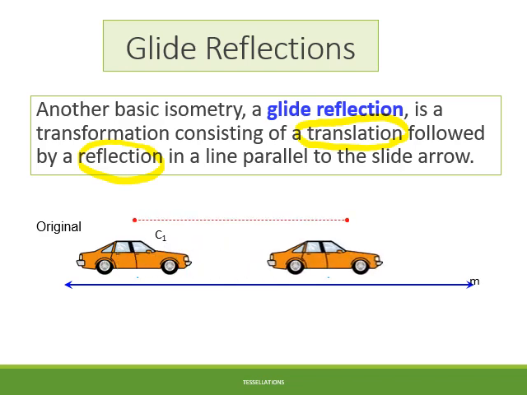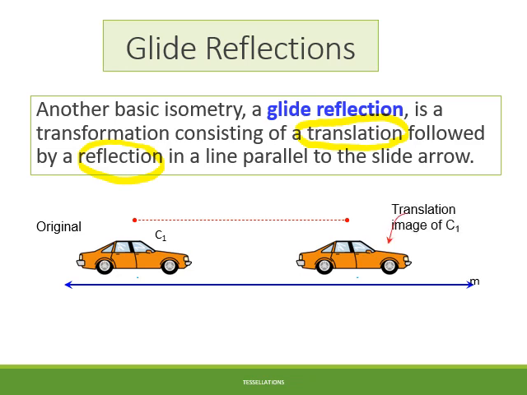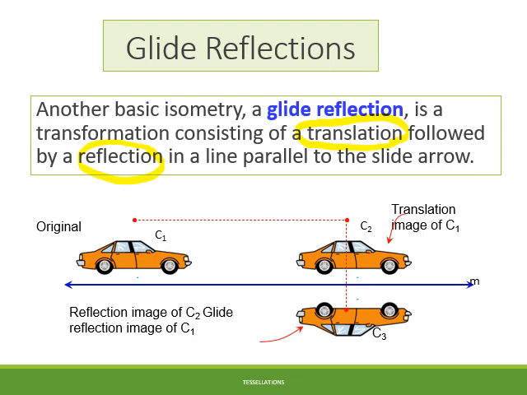The car moves forward, that's the translation, and then it flips upside down. A little gruesome, that is the reflection or flip. Hopefully this doesn't happen with you in your car, but that is an example of what we would call a glide reflection.